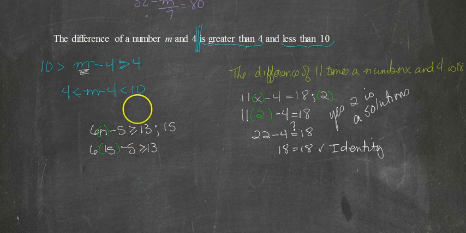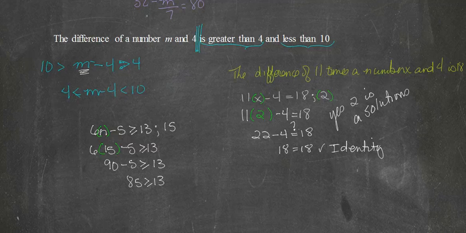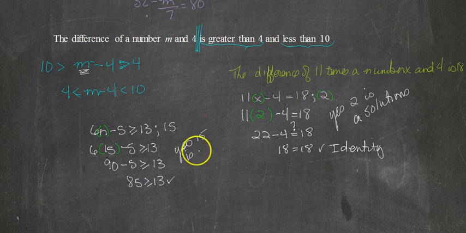So 6 times 15, yikes, what is that, 60? 6 times 5 is 30, so it'd be 90, minus 5, greater than or equal to 13. 85 greater than or equal to 13. Well, darn, I thought I picked one that wasn't true, but that's indeed true, because 85 is definitely a number bigger than 13. So yes, 15 is a solution.